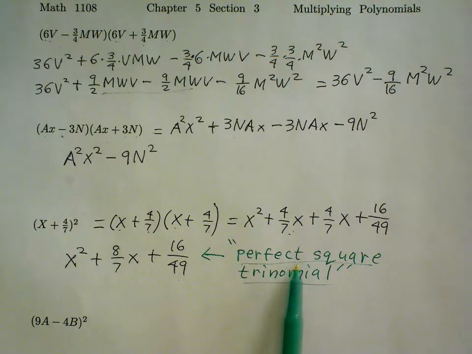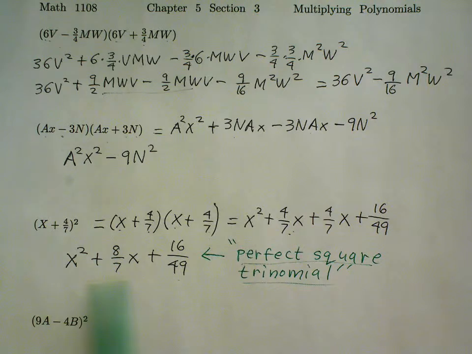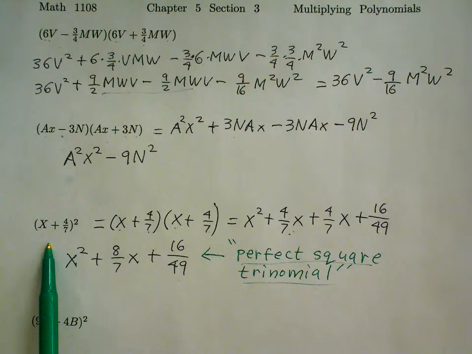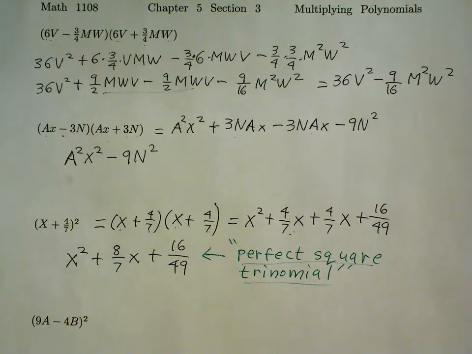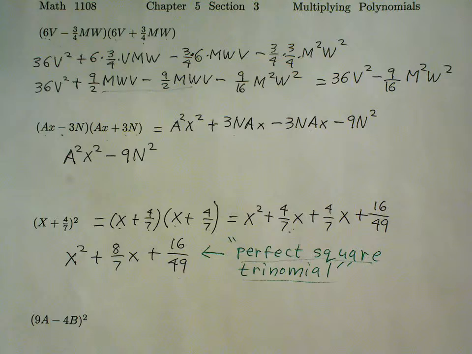Briefly, a perfect square trinomial is the trinomial that you get whenever you square a binomial. So anytime you square a binomial, expand it and simplify it, the result will be a perfect square trinomial.